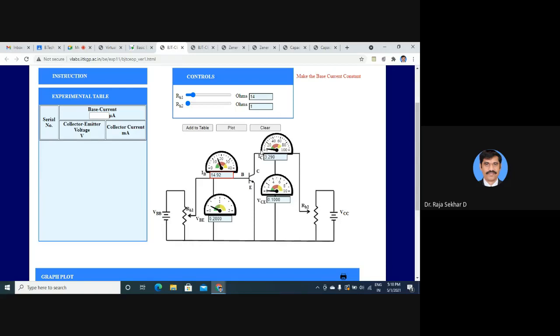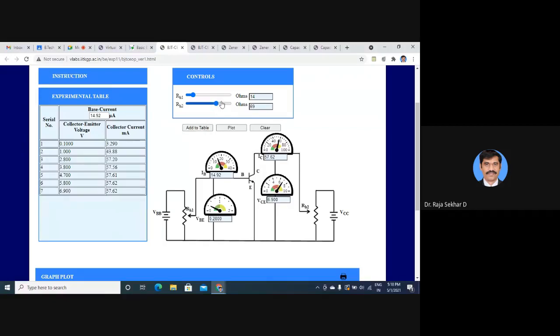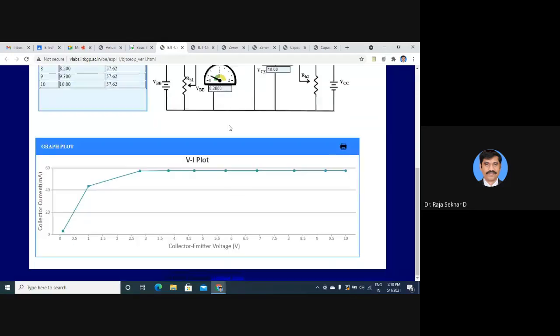Note down these values. Now change RH2 again. Draw the graph.